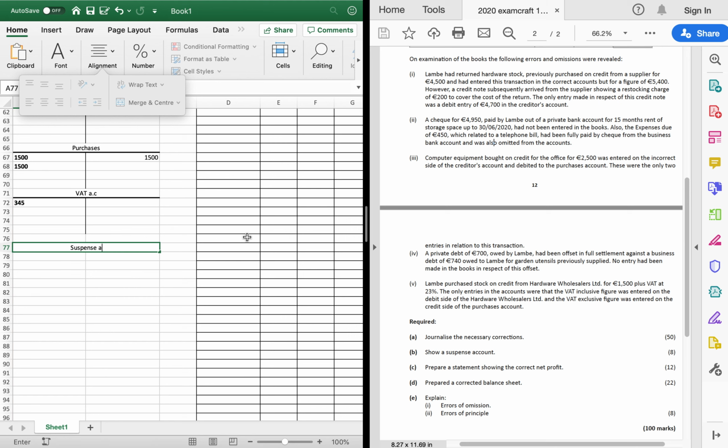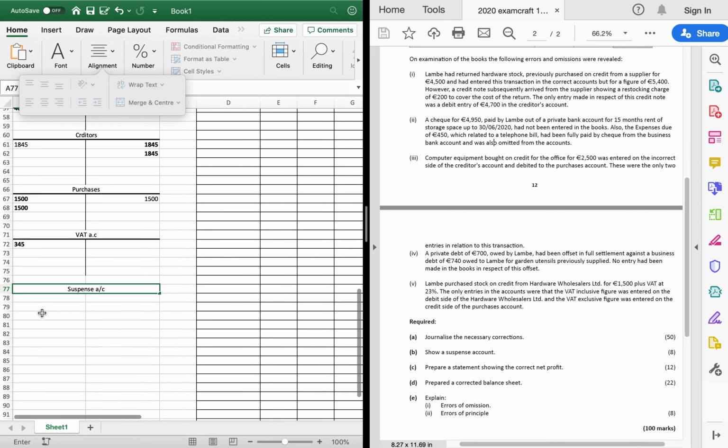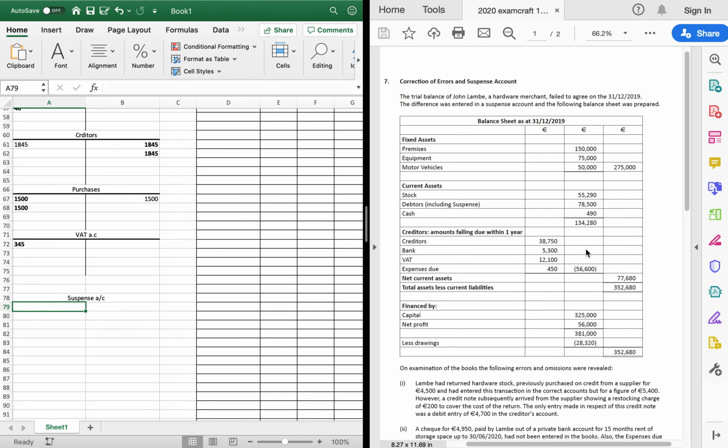So from number 1, we've got a suspense of 47. From number 3, it was a suspense of 5,000, and from number 5, it was a suspense of 345. They're all on the debit side, which is great. So where's the mistakes? Number 1 was around creditors, I'd say. So it was creditors for 47.